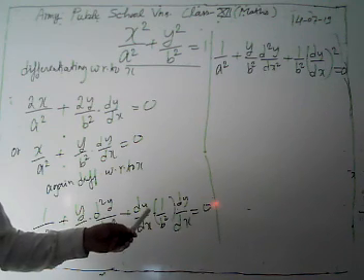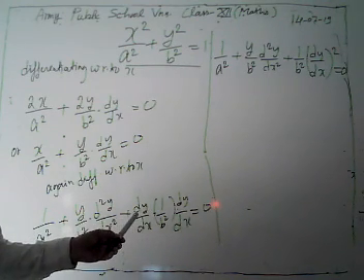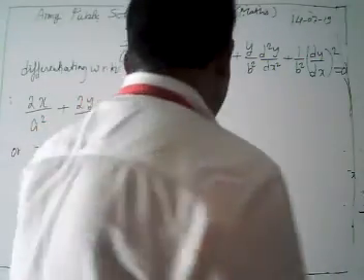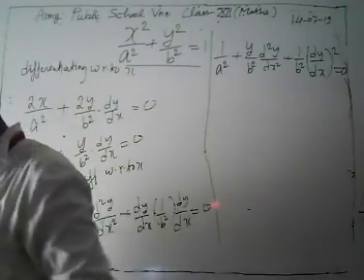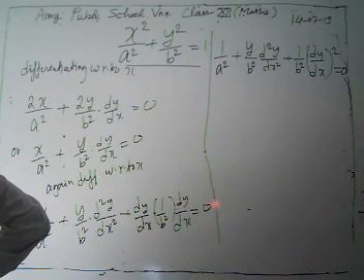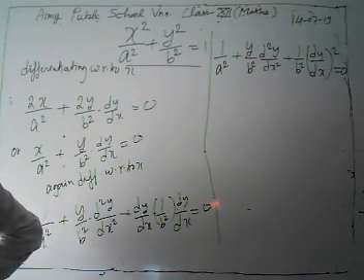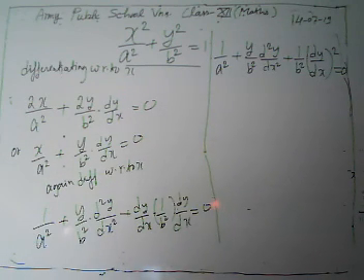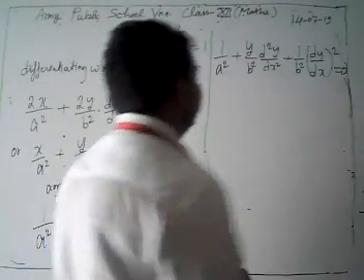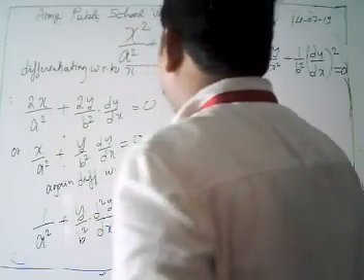After that, we have to find out the value of 1 by a square, and then put this value in the equation to eliminate it.